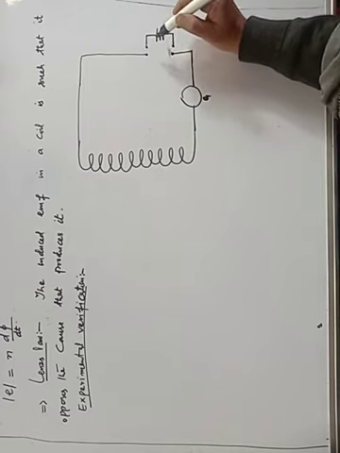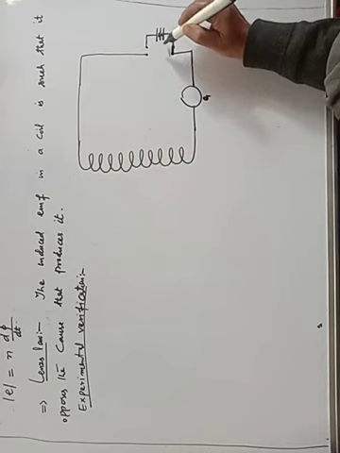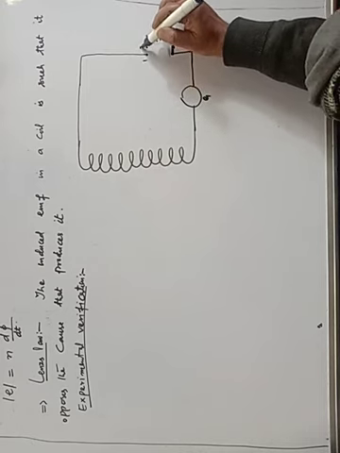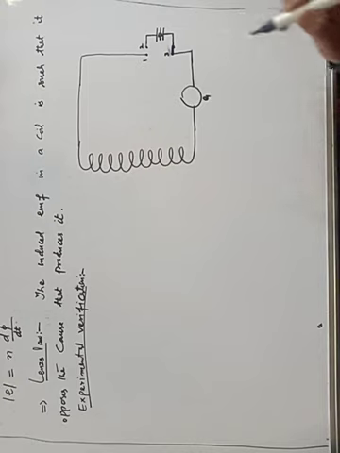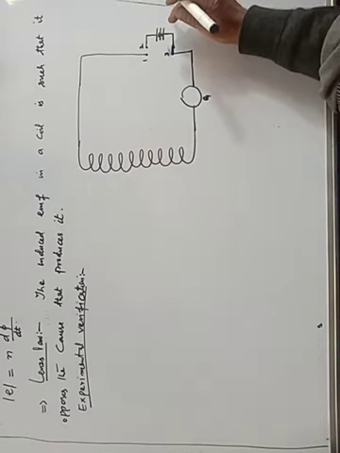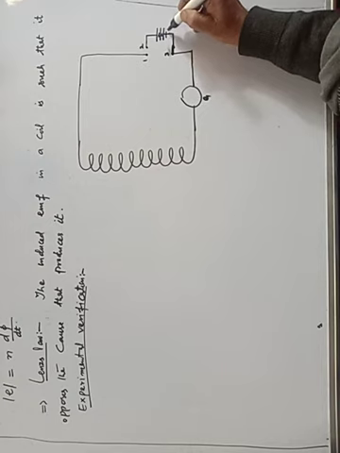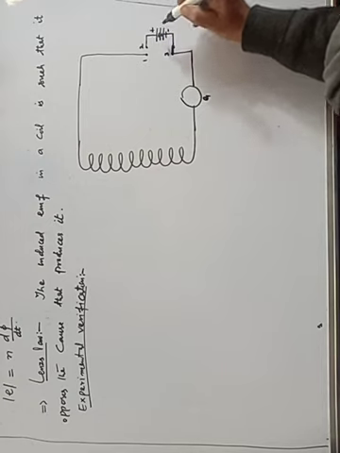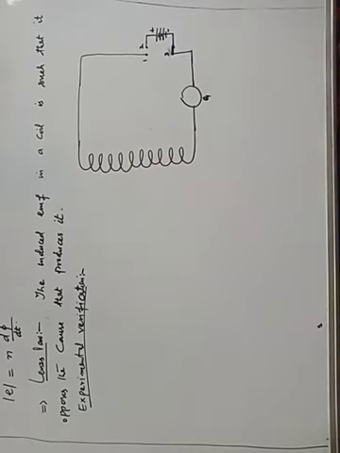So this is terminal 1, 2 and 3, and this is negative pole of the battery, and this is positive pole. So 1, 2, 3 means two-way key.